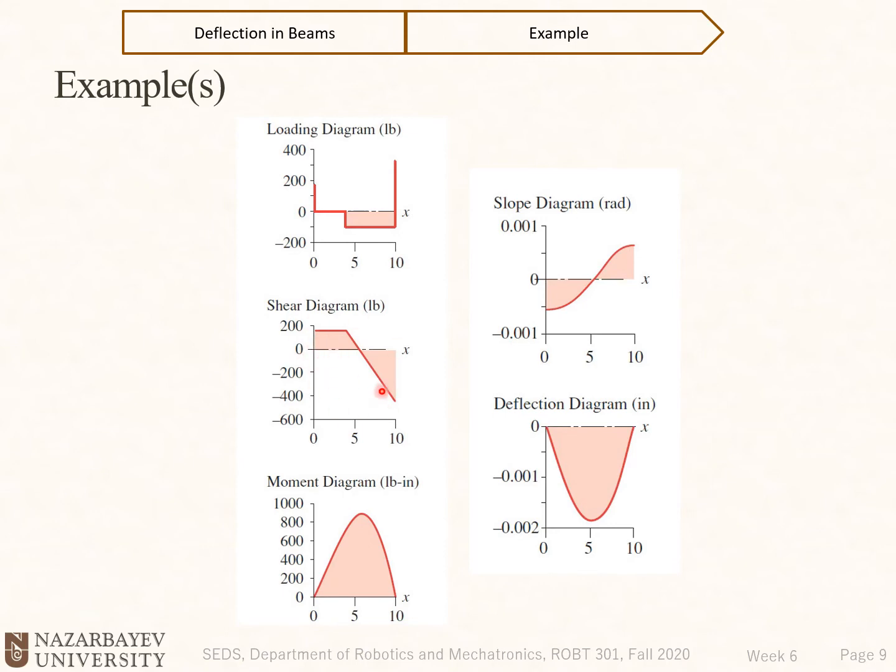And then we need to take another integral of the shear diagram, and we'll have a moment diagram. Okay, so then we need to take another integral and divide it by EI to find the slope diagram, and again another integral to find the deflection diagram.